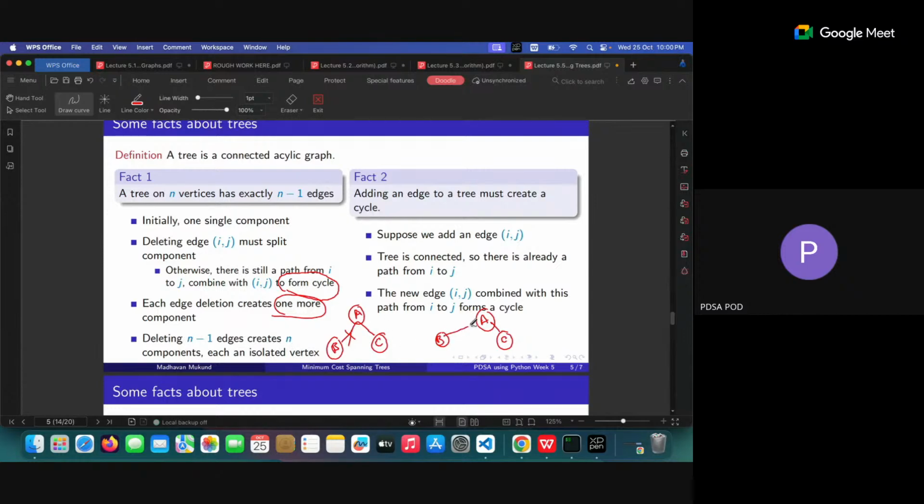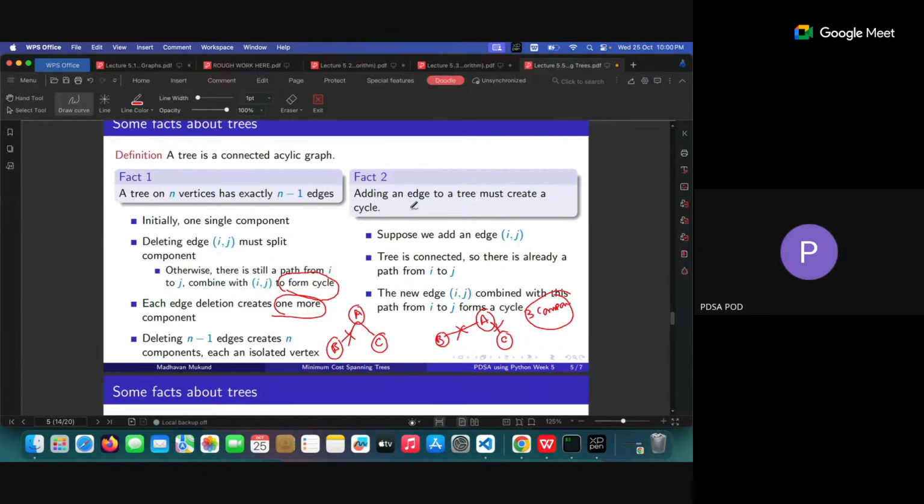Like this is a complete tree. If you remove n minus 1 edges, this is removed and this is removed, so totally we have 3 components. N components are remaining. So if you remove n minus 1 edges, all of the vertices are going to be isolated and individual. That is about the fact number 1.